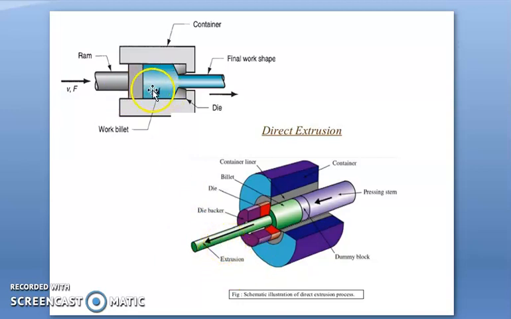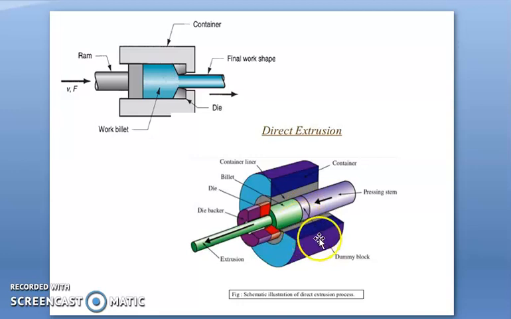If you see the 2D diagram, it looks like a container. In that we have the billet material. This is the force from the ram. After that, the cross section of this billet is reduced. Finally we get the desired product.